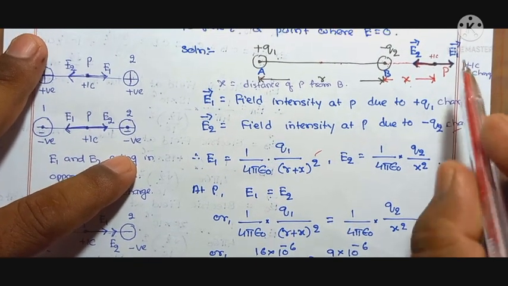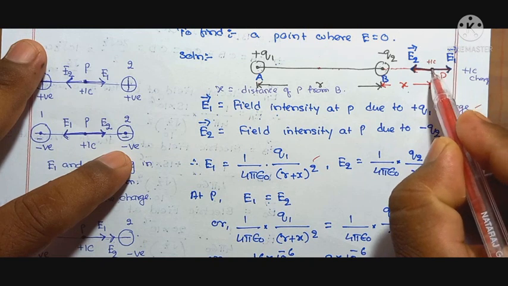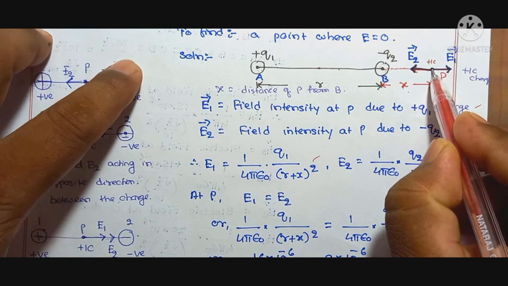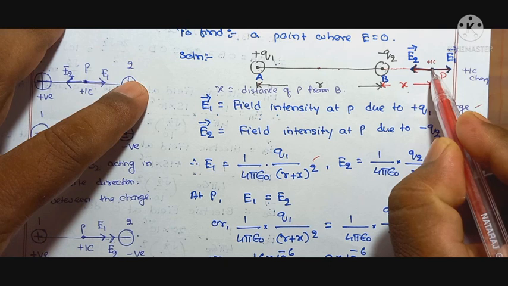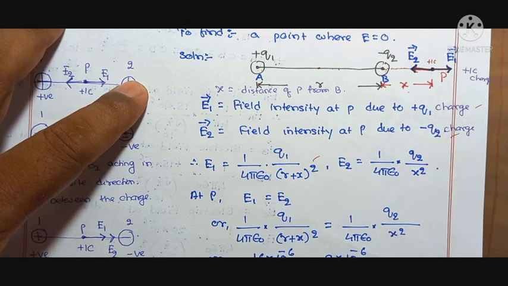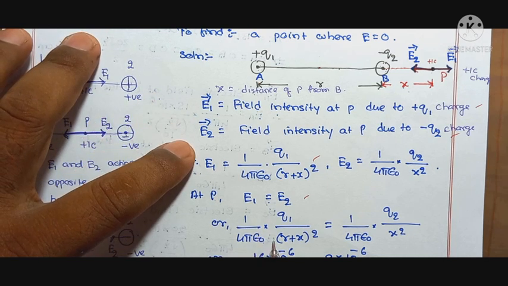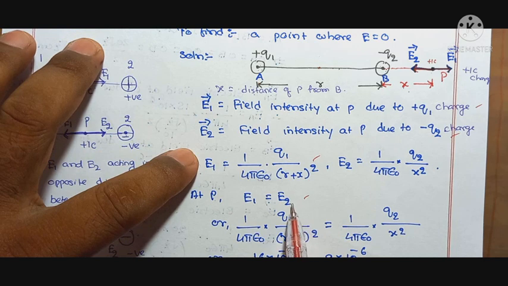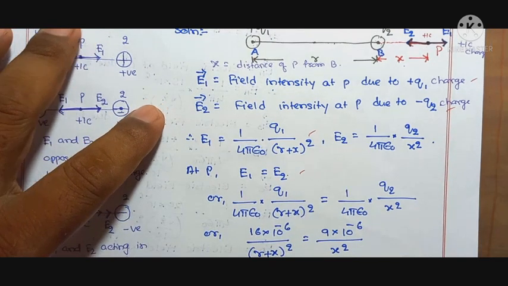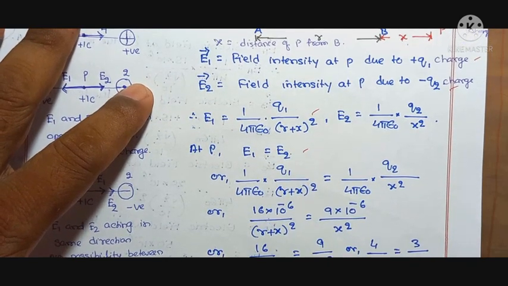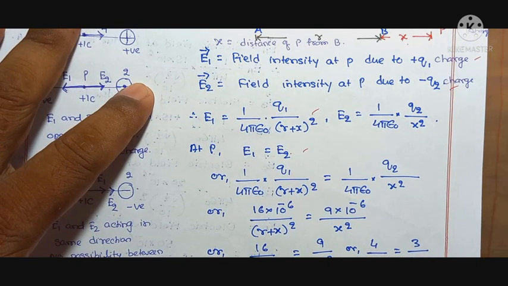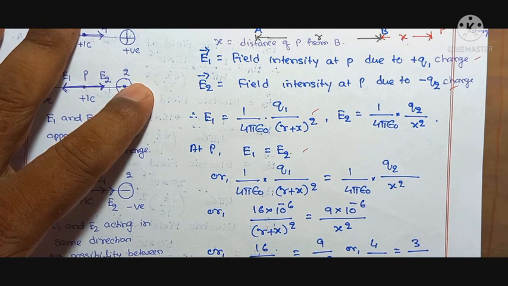So at the neutral point, where the field will be 0, then E1 is equal to E2. Putting the value E1 here and putting the value of E2 here, we will get 4x is equal to 3r plus 3x. So x is equal to 3r, that is 24 centimeter.